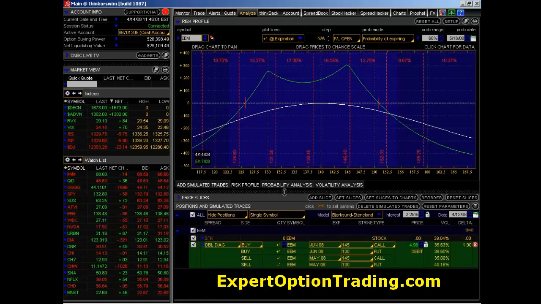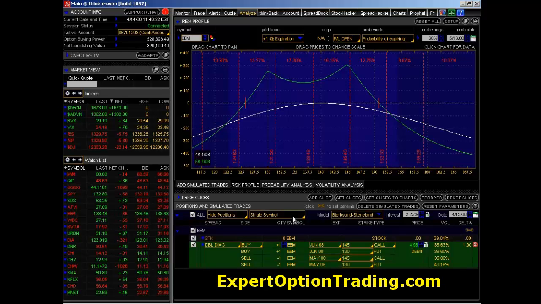Now this is what we're going to be doing for an initial opening trade. Remember, if we do have to do adjustments, that is fairly easy to do once we have this position on.